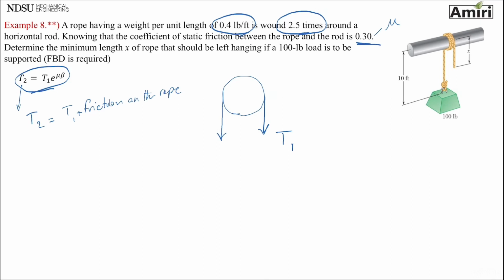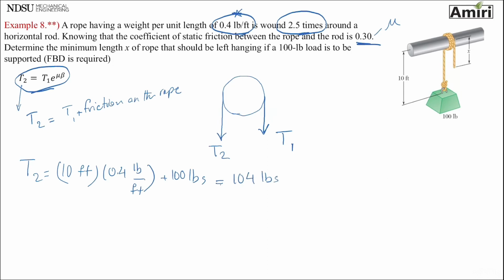T2 is 10 feet of rope which has this much weight plus 100 pounds. And this is going to be 104 pounds total. So the weight plus this much rope that is hanging.